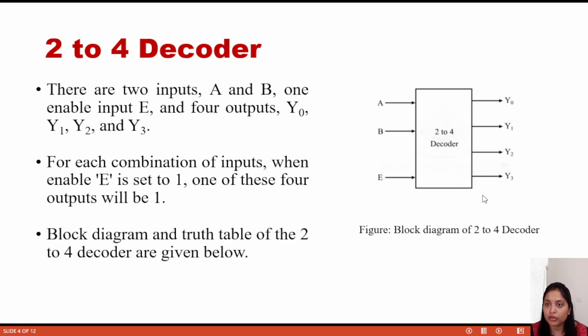Here A and B are the inputs, E is the enable input. What is the function of E? I will describe it later. There are 4 outputs, Y0, Y1, Y2, Y3.